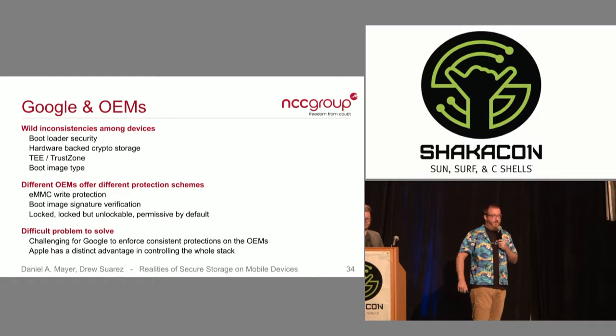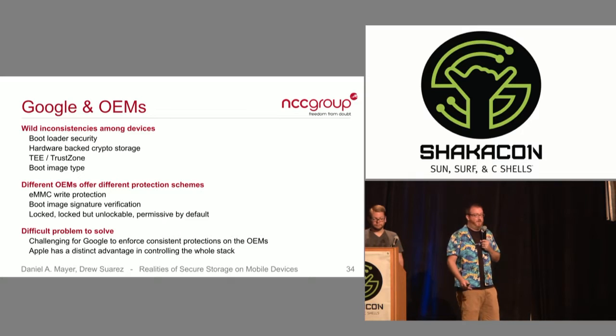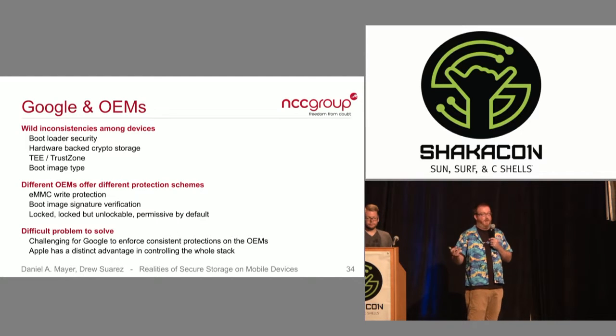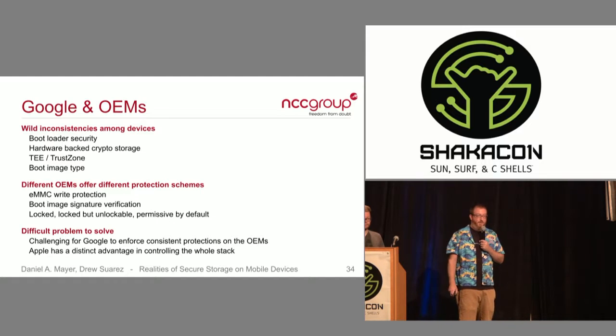So this is actually a pretty difficult problem to solve for Google because they want their partners to have the freedom to develop their own software and put whatever they want out there that runs Android, but then you run into issues where having inconsistent security is going to burn you. So it's really challenging for Google to enforce these consistent protections.